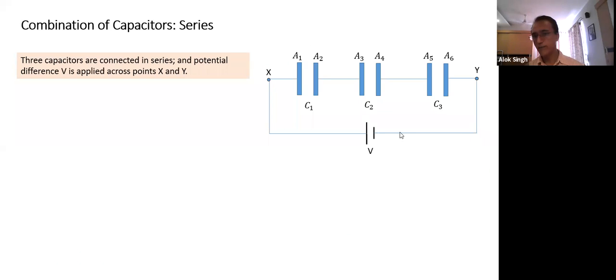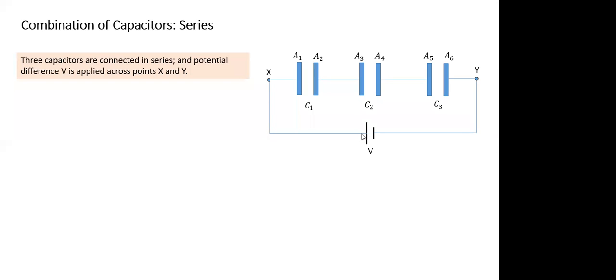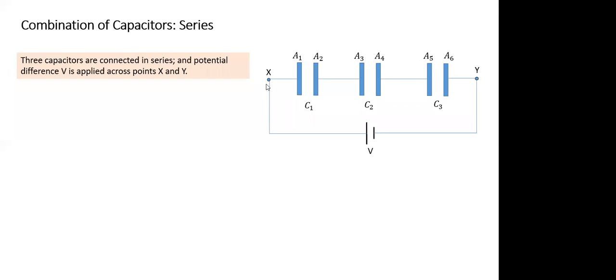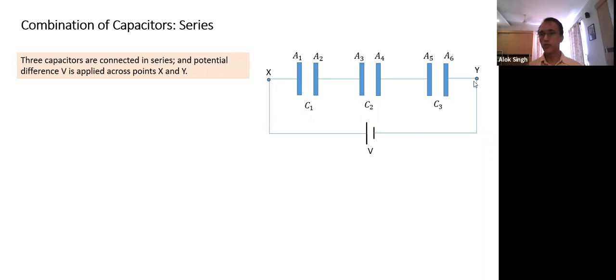Since it is connected by the same conducting wire, all points connected together have to have the same potential. And if this is 0 potential, since the potential difference is V, the potential of the positive plate has to be V. If the potential of the positive plate is V, the potential of X is V. So between these two points, X and Y, the potential difference is V.